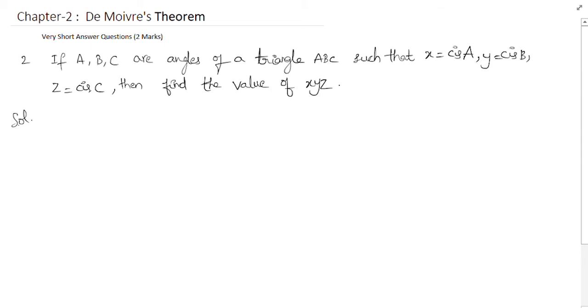So now we'll go with the second problem. The question is, if A, B, C are the angles of a triangle ABC such that x is equal to cis A, y is equal to cis B, z is equal to cis C, then find the value of xyz.